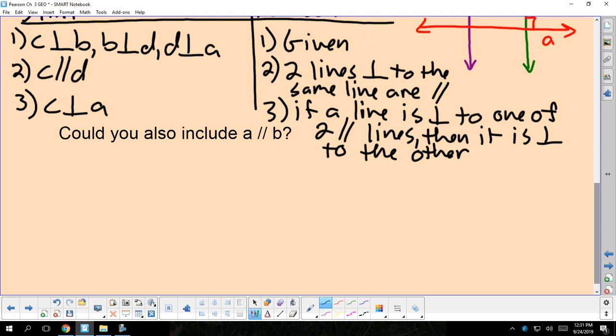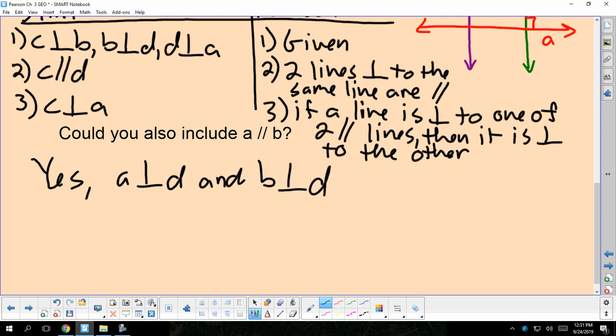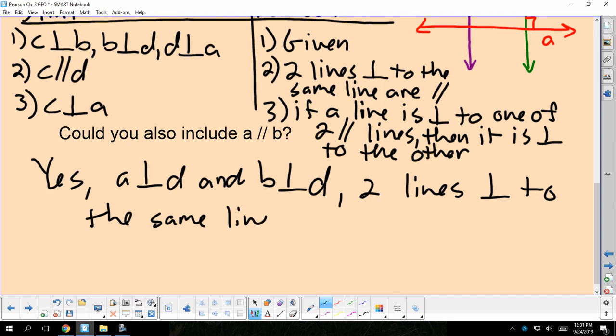Since A is perpendicular to D, and B is perpendicular to D, two lines perpendicular to the same line are parallel to each other.